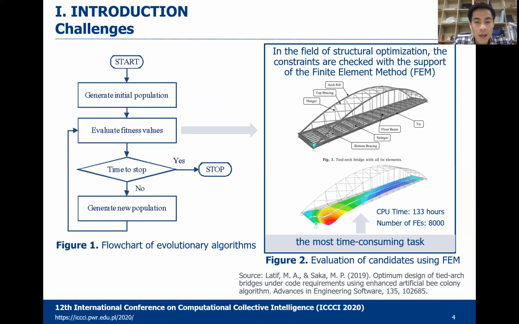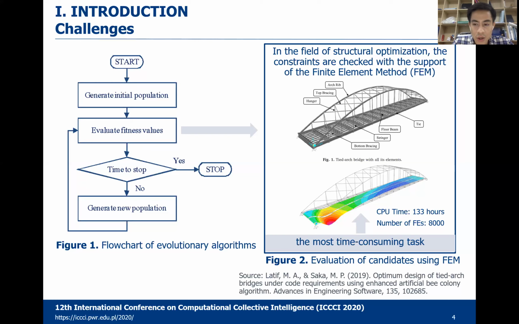Many evolutionary algorithms have been proposed and successfully applied to solve structure optimization problems. The typical flowchart of an evolutionary algorithm is shown in figure 1.